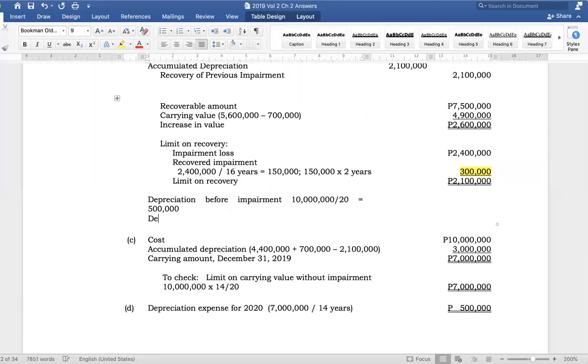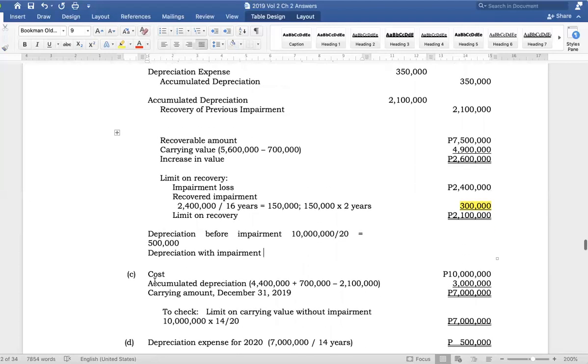Whereas depreciation with impairment, sorry, I am encoding in a table, is 350 as computed.